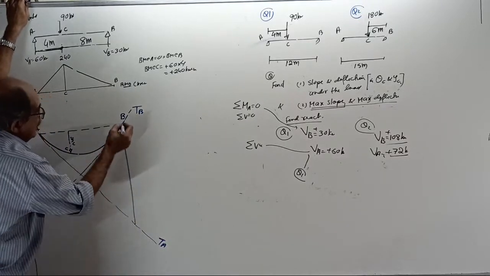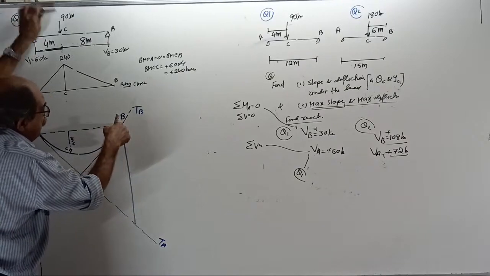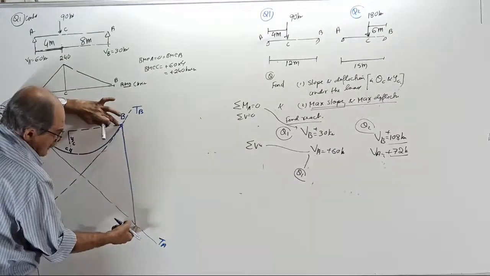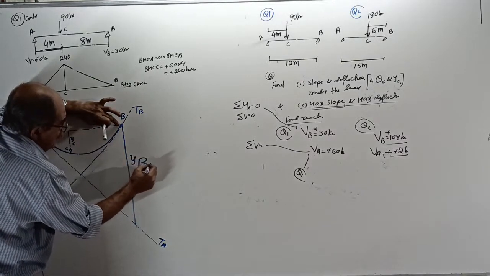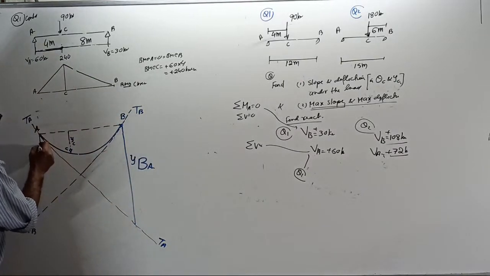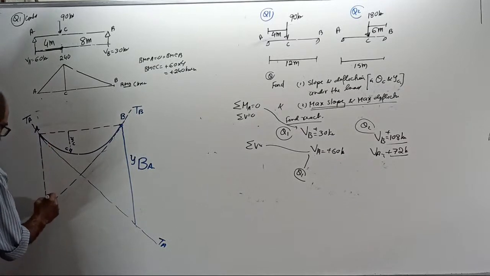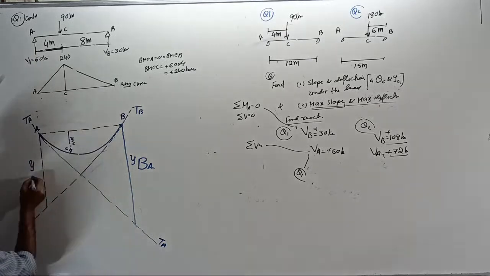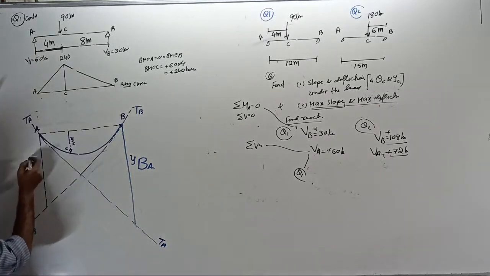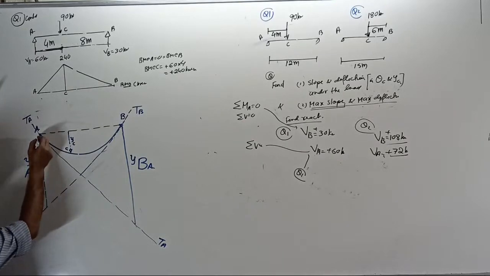This is displacement of B with respect to tangent at A, y of B with respect to A, and this is displacement y of the point A with respect to B.